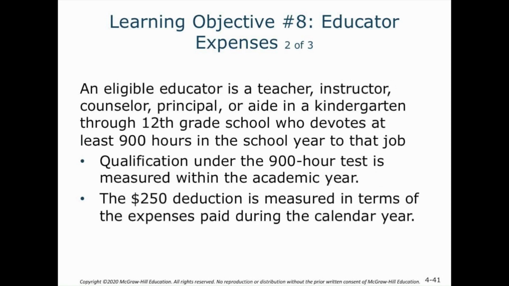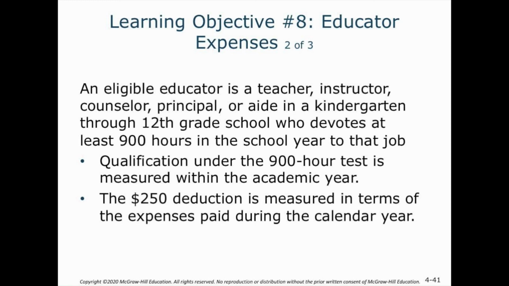And the qualifications are also included here, and it's going to have the effect essentially of making the teachers need to be full-time teachers. So the qualification of 900 hours is going to be measured within the academic year. So if someone only teaches for 800 hours during that period of time, then they may not be entitled to this deduction.